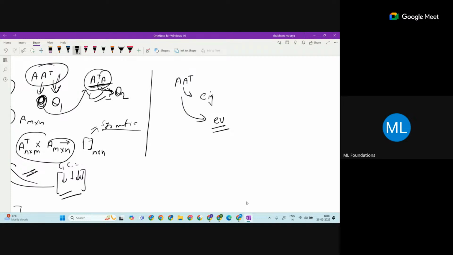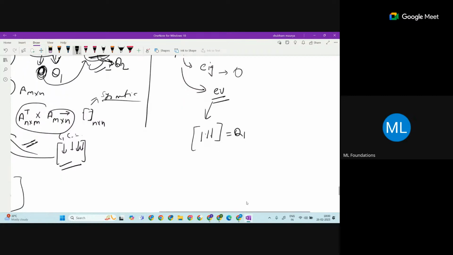Suppose some of the eigenvalues are 0, then there is no issue; you will easily find the eigenvectors, fill them in, and this will be our Q1.